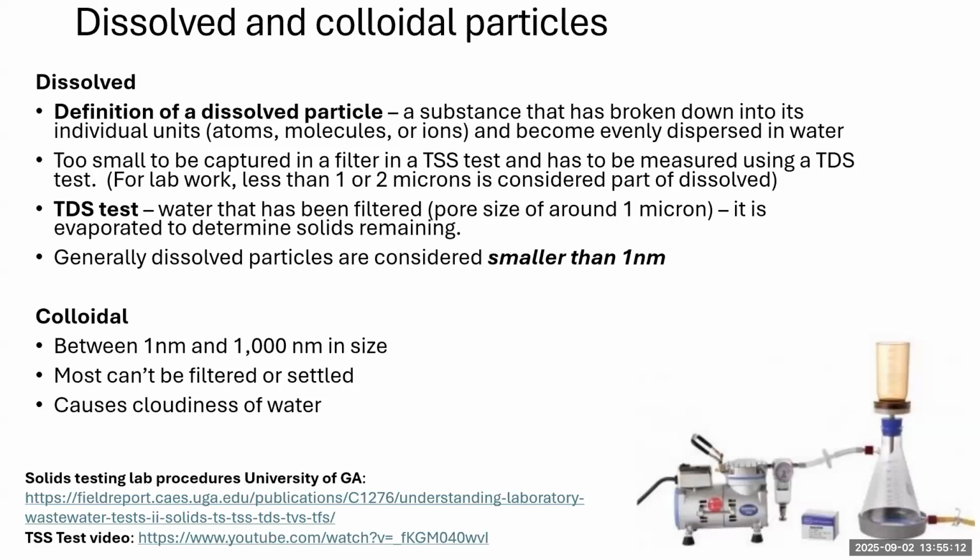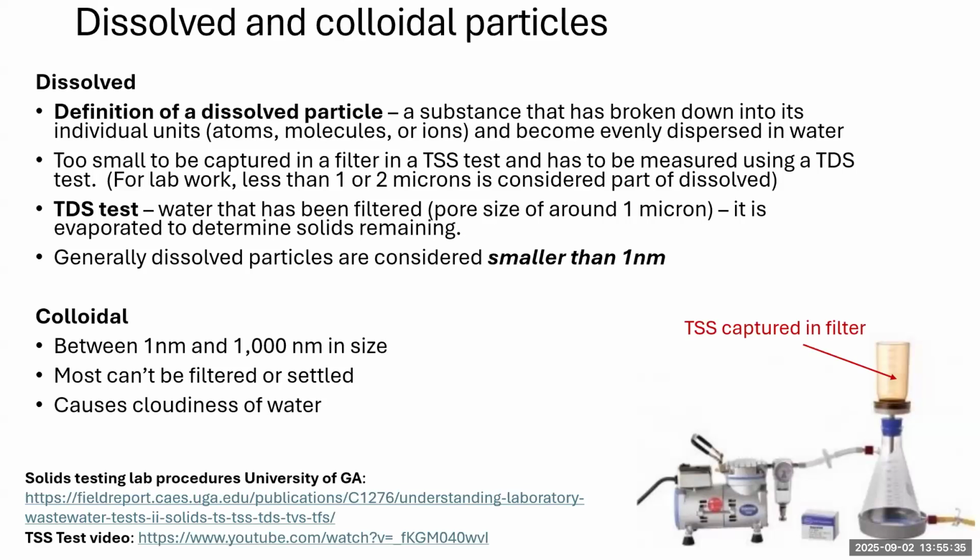Now this apparatus you see here is for conducting a TSS test. At the top of that flask, you would pour in a known volume of water, and you'd use a vacuum pump to filter those solids out of that water sample. Then you would take the solids captured on that filter, dry them and weigh them to see how many solids you have.